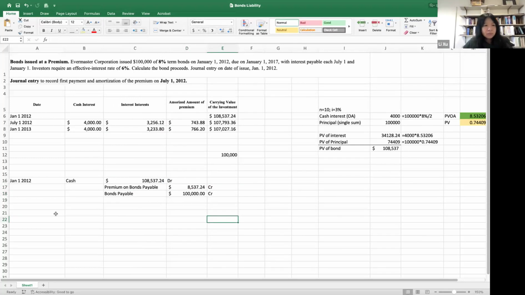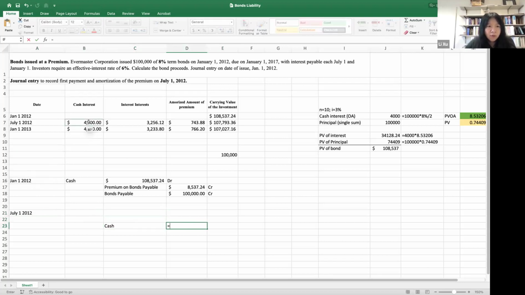So the next journal entry you should have is on July 1st, 2012. For this journal entry, you actually pay out the cash for 4,000. And the reason you pay out the cash is because you have interest expenses.